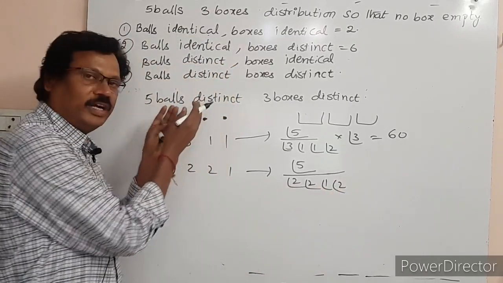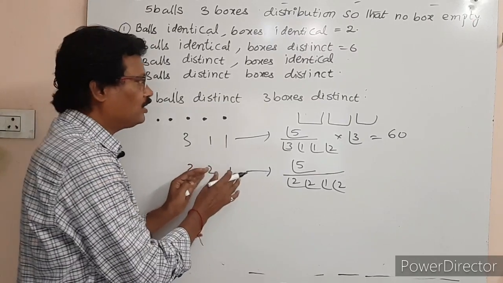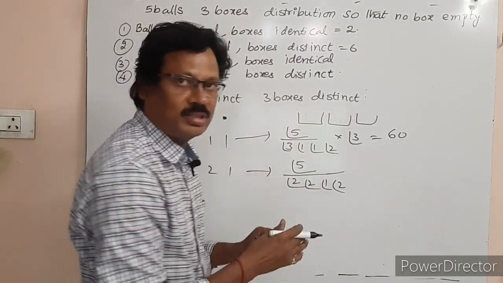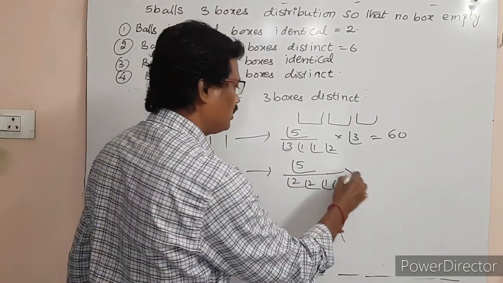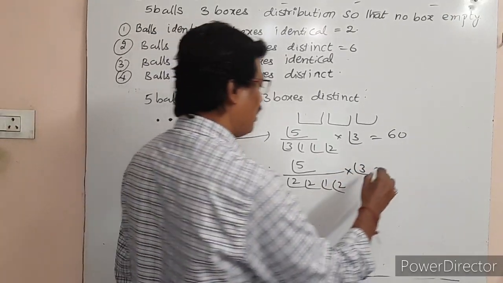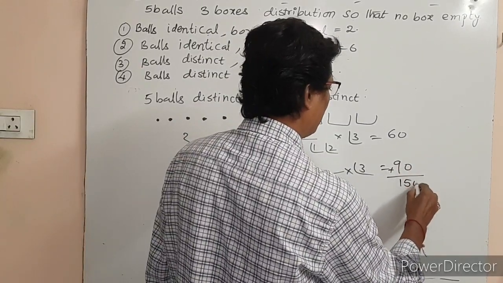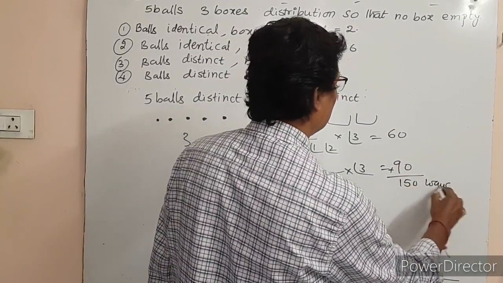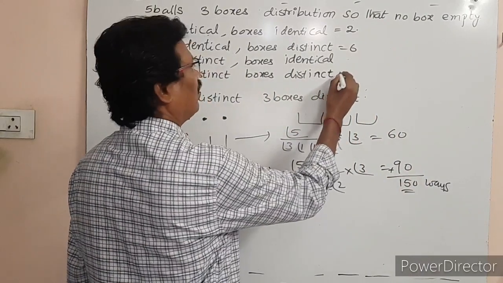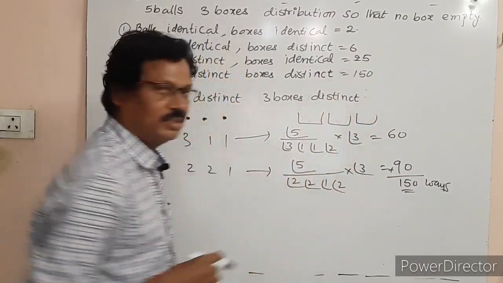Now, 5 distinct balls dividing into 3 groups, and the 3 groups are arranged into the 3 different boxes, into 3 factorial ways. Therefore, how much is it? 90. Therefore, total is 150. Therefore, number of ways is equal to 150. This is the last answer, 150. This 25 we got already.